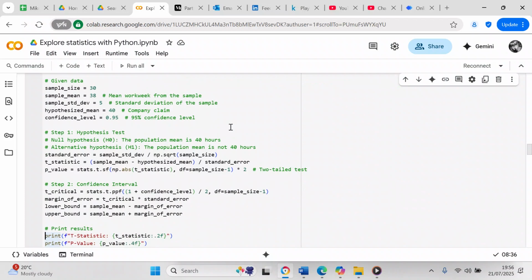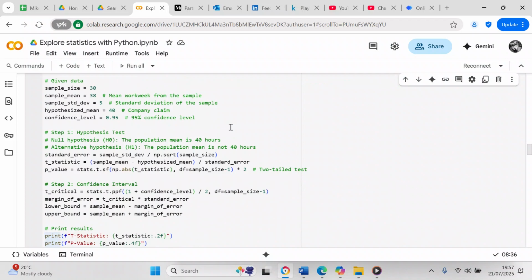The alternative hypothesis is the population mean is not 40 hours. Standard error is the sample standard deviation divided by the square root of the sample size. Your t-statistic equals the sample mean minus the hypothesized mean, divided by the standard error.